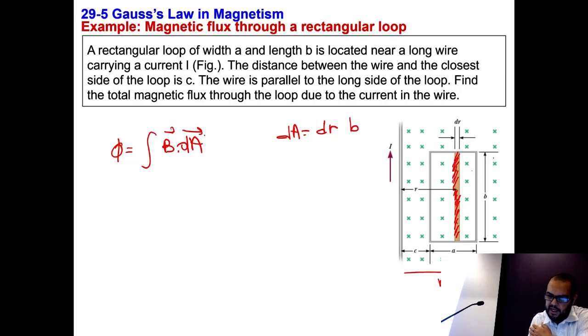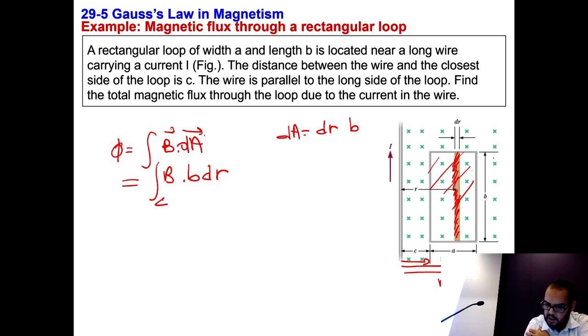B field and dA are parallel, so the flux becomes the integral of B dA times cosine of 0, which is 1. And dA is B dr. I integrate from R equal to C to C plus A.